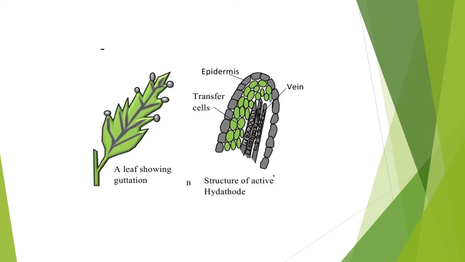So if you see the active type, these are the guttation droplets, these are the veins, and here you will see the main, which is the central xylem. With the xylem there are these transfer cells, and the epidermis does not have the cuticle. So water will be lost through these stomata which will be on the margins of the leaves. Those are called the active hydathodes.